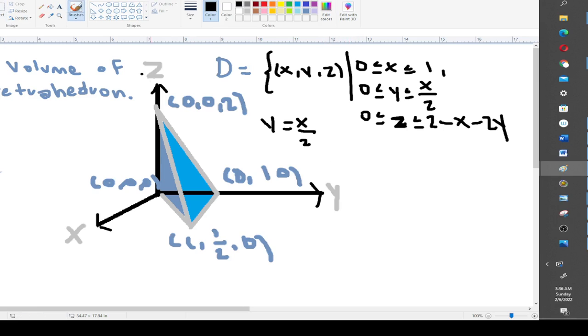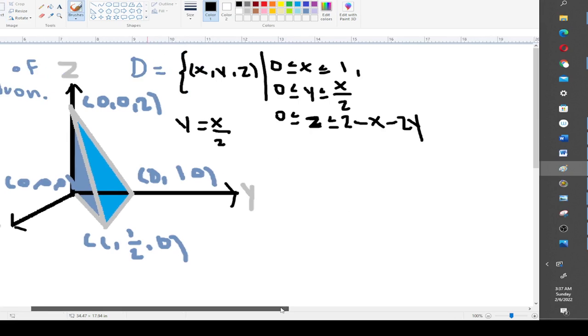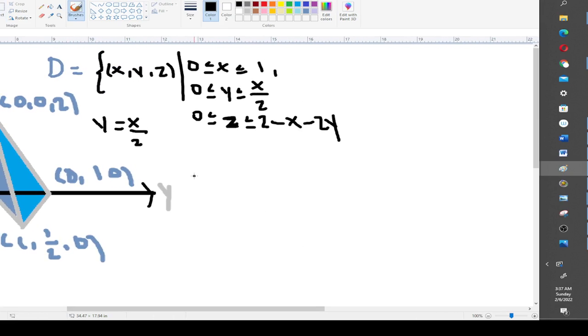Now we're going to actually evaluate the integrals now that we know what to set up. So we're going to have a triple integral. The order for this will be dz, because we have an x and a y term, and then dy, because we have an x term, and then now that our variables are gone, we can do dx lastly.